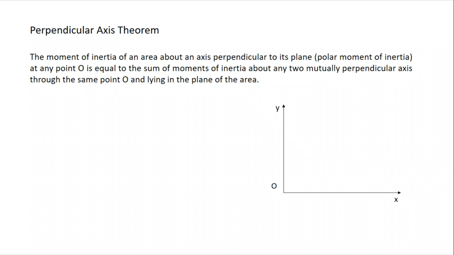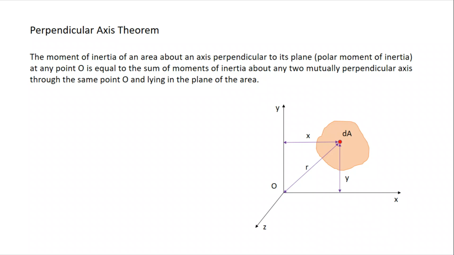Consider a 2D coordinate system with x and y axes, and an irregular plane lamina. Consider one small elemental area dA at distance x from the y axis and y from the x axis, and at distance r from the origin O.